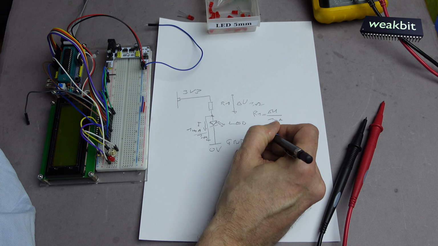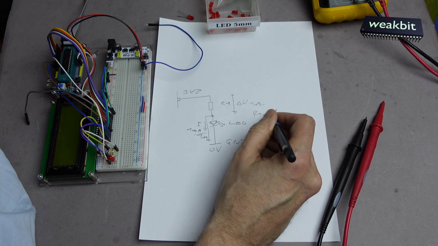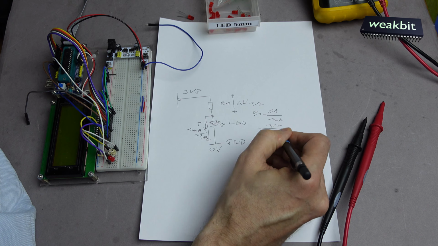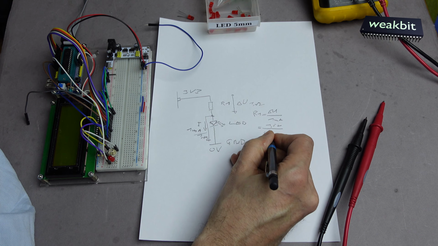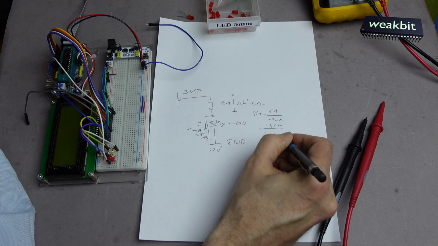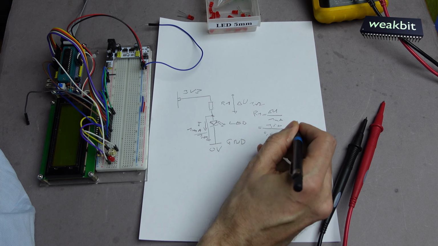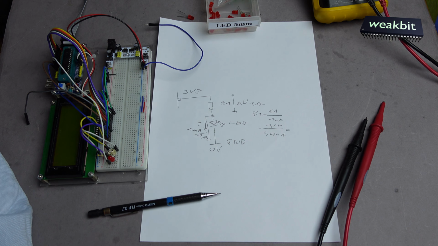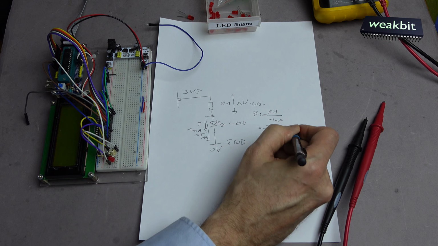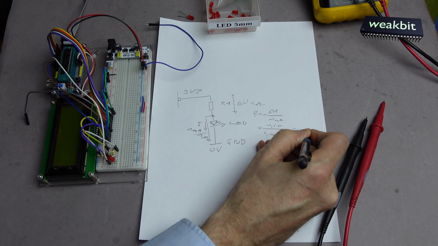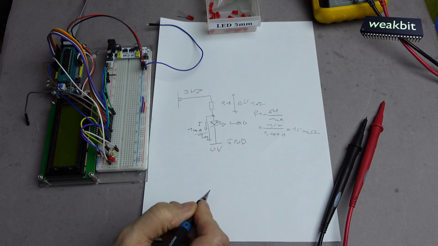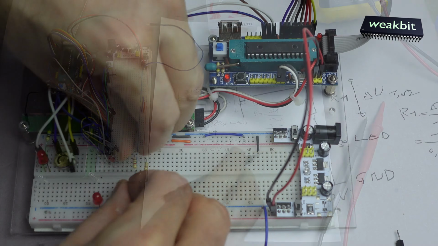And this means 1.5 volts divided by 0.001 ampere. 1.5 divided by 0.001, it's 1500 ohms. You can see, 1500 ohms.